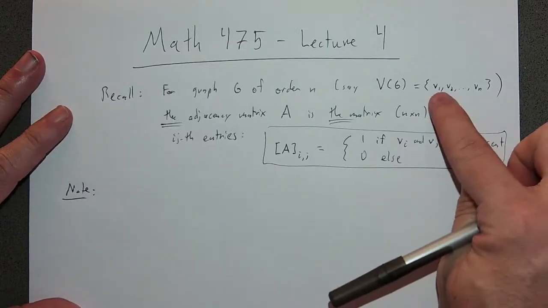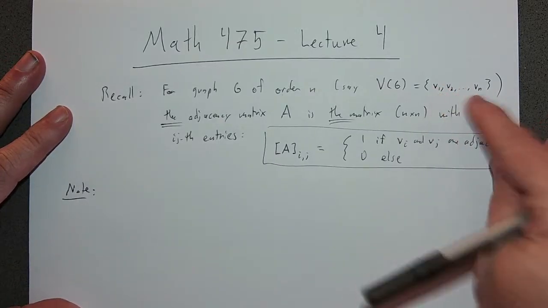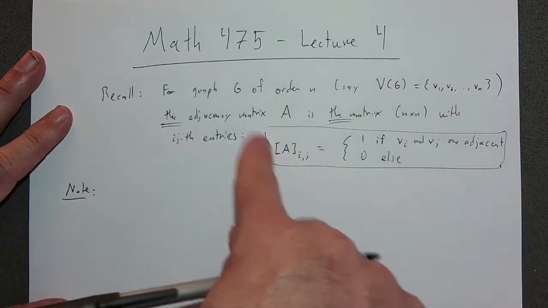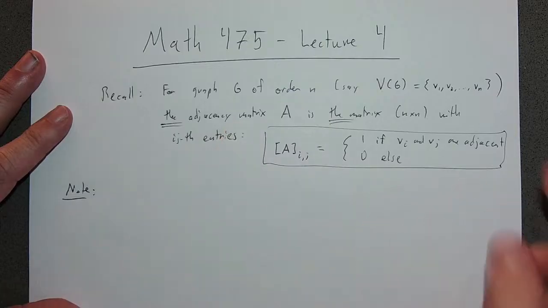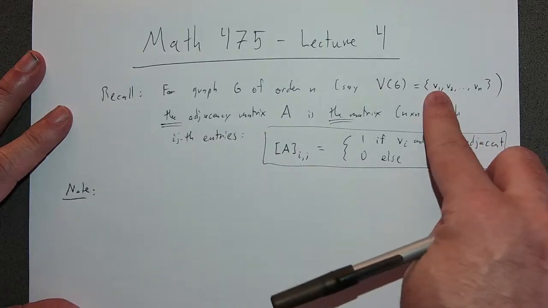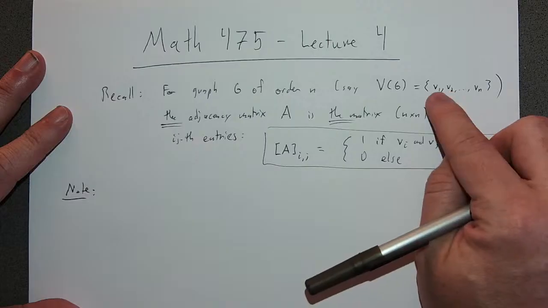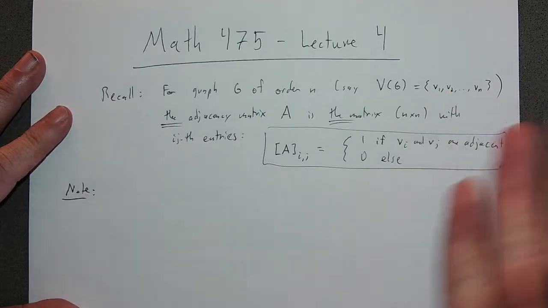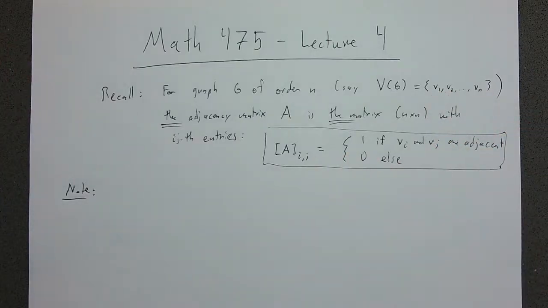So actually, if I had just ordered these vertices differently, the adjacency matrix obviously would be different, right? Like if I had, for instance, swapped the vertices I'm calling vertex 1 and vertex 2, that would swap the matrix. In fact, how would it swap the matrix? How is that going to be related?